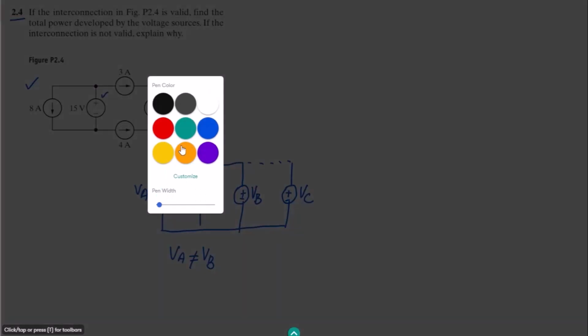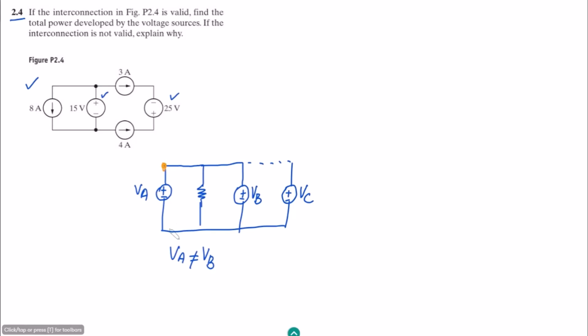Why? Because in a parallel circuit the voltage always remains the same. Here the voltages will remain the same between points A, B, C, D if these are connected in parallel. And what is meant by parallel? Parallel means that both terminals of the elements are connected to similar points.